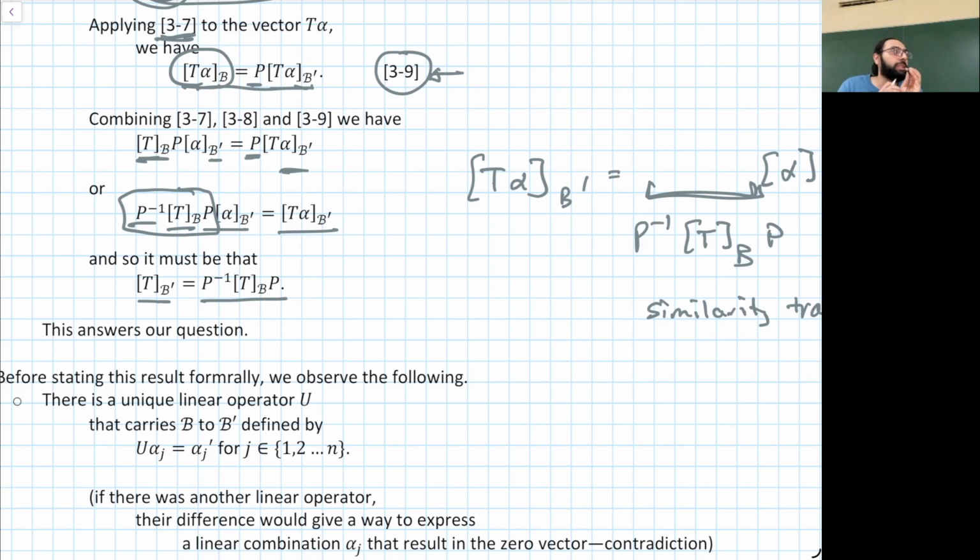That part will come. Once we start doing vectors, I think it'll become much more clear. For now, we're just thinking of this as a change of basis. So similarity transformations show up when you're changing your basis from B to B prime.